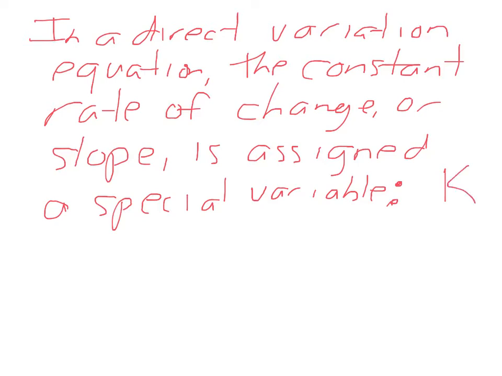K. K for constant. C is used for other things in math, so they didn't want to use C for constant, so they used K for this instead. So K is our constant rate of change, or in a direct variation equation, the K is the slope.